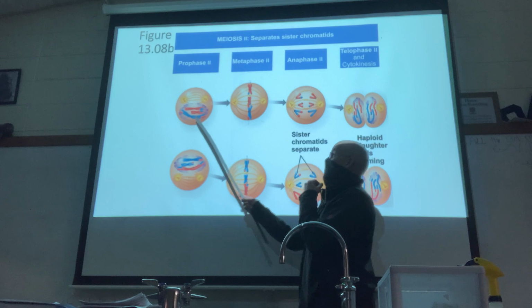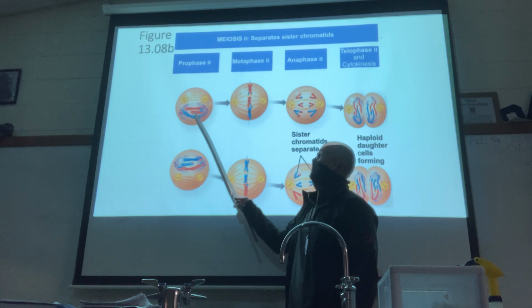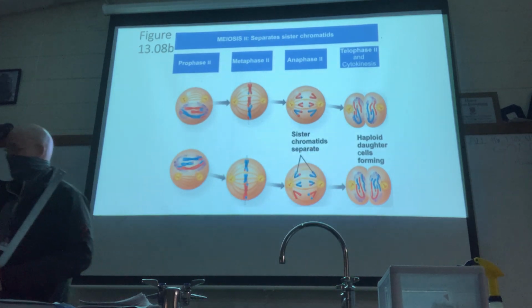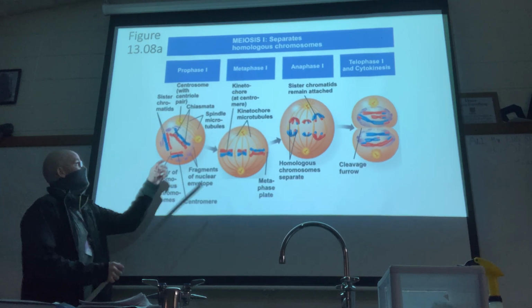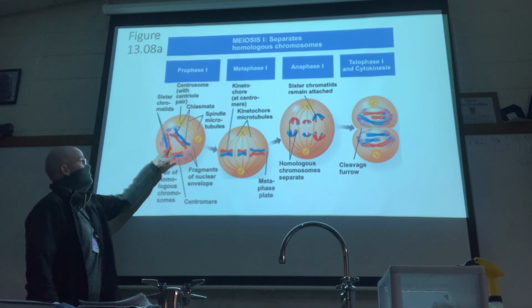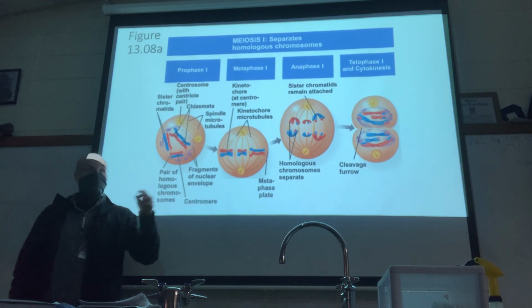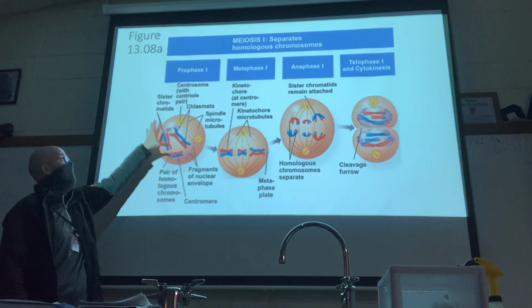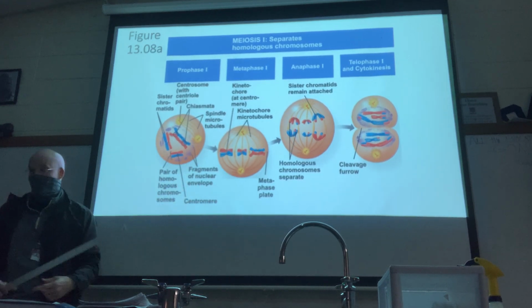How is this cell different, though? Let me go back real quick. Notice we have 1, 2, 3, 4, 5, 6 chromosomes. That's how many we started with in this example at the very beginning. 3 pairs or 6 total chromosomes.